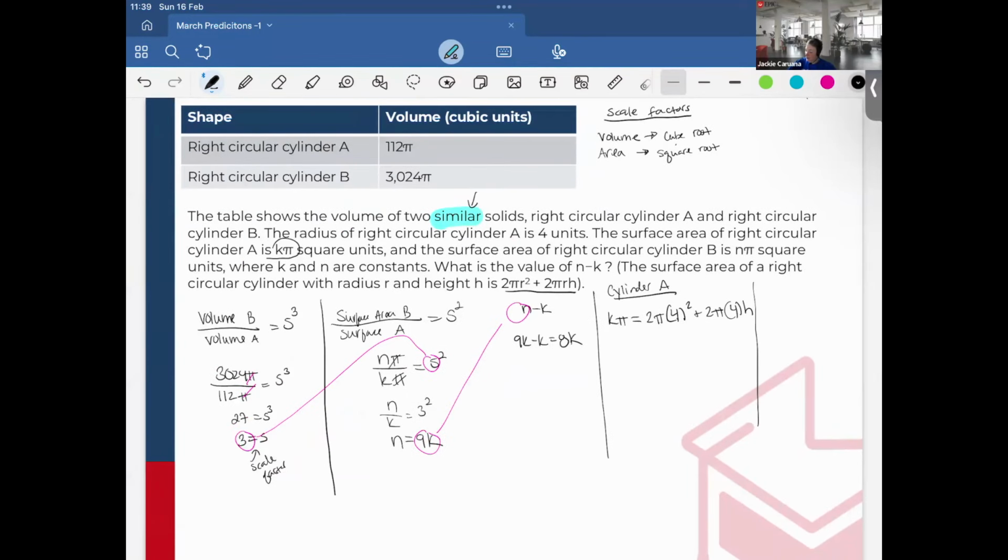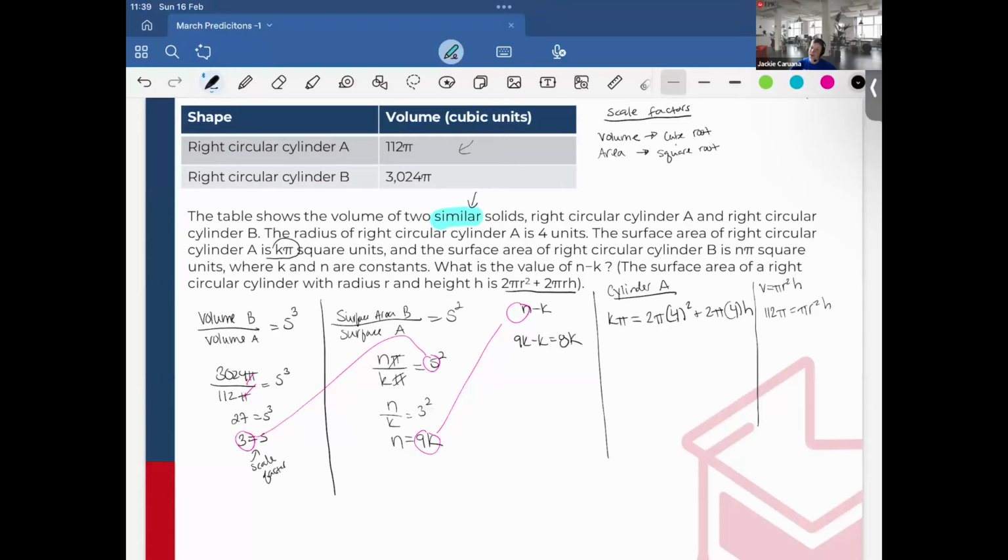the volume is equal to pi r squared times h. I know the volume, it's 112 pi, which is equal to pi r squared h. Divide everything by pi.